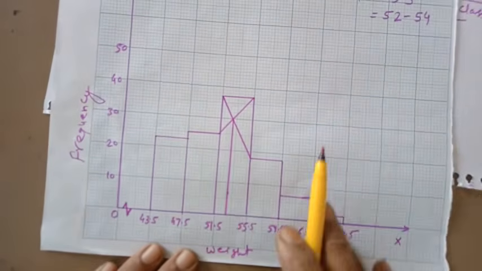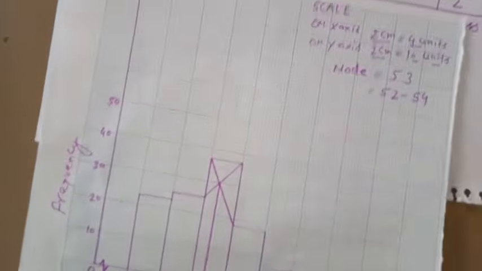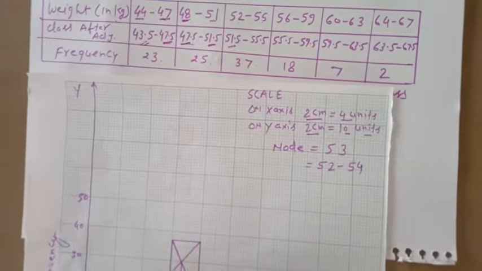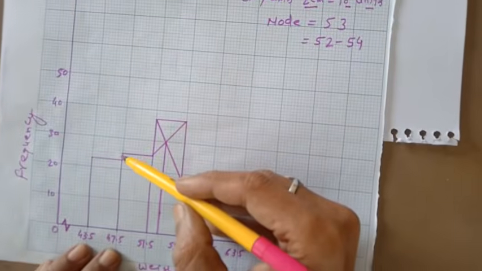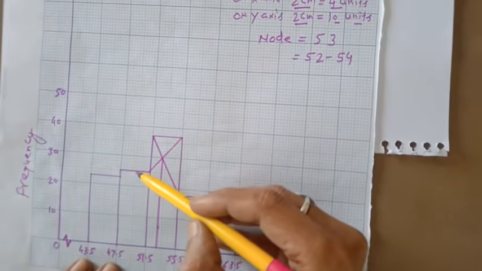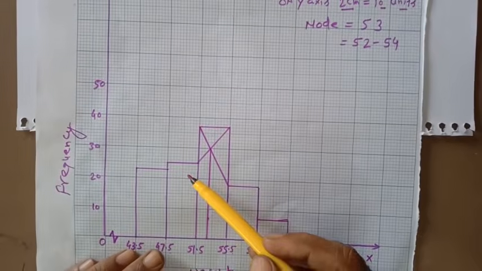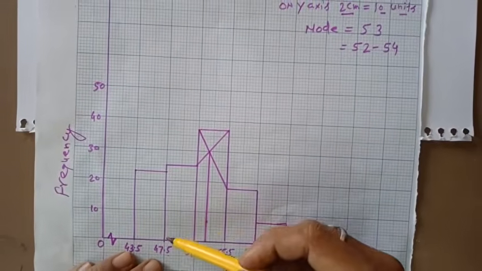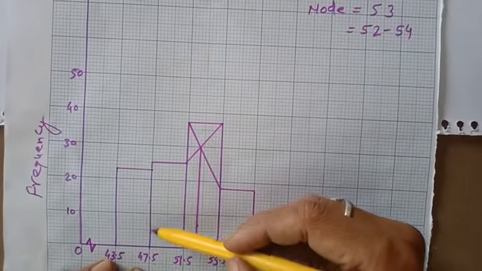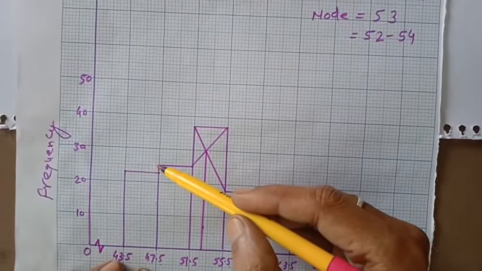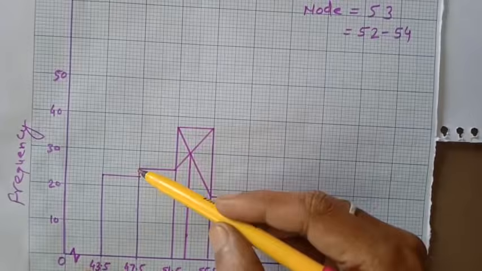Then the next one we can see is 25. So we draw the next column of height 25. So the second column is till 25. We can see here this is up to 25.